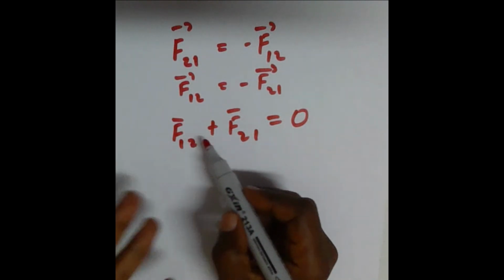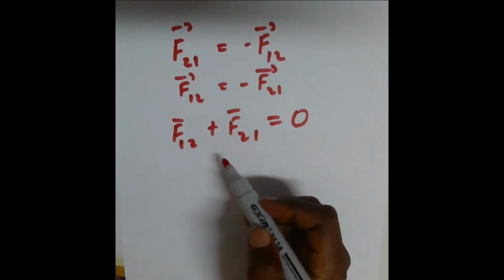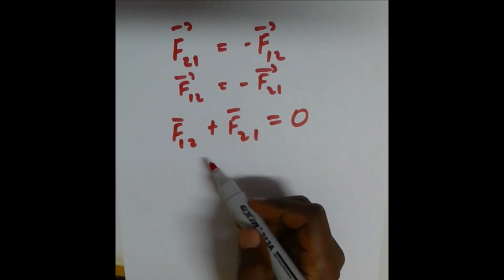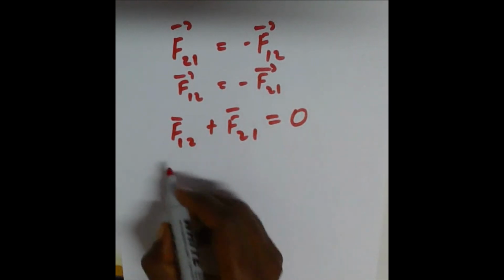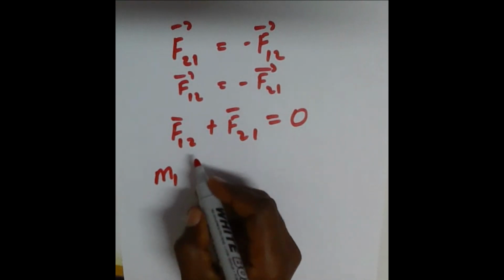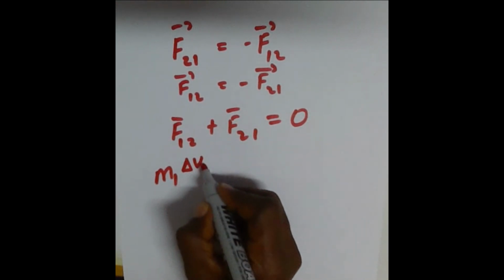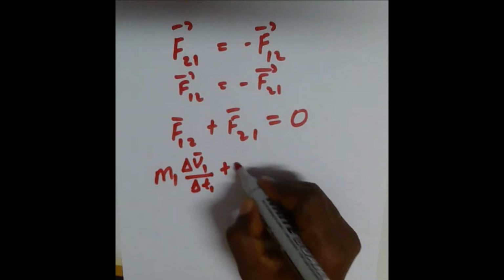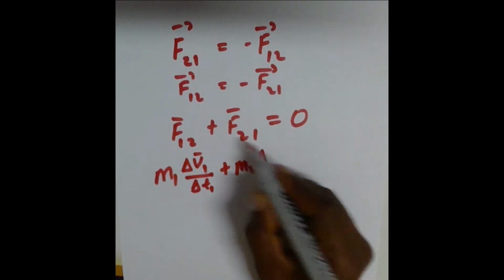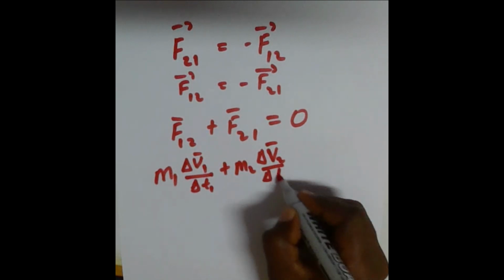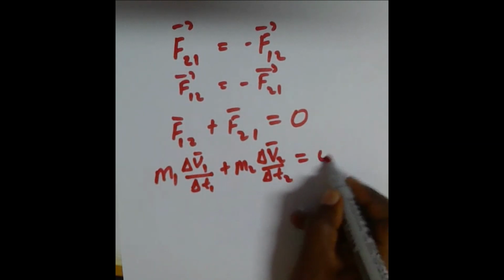Now we know that force is equal to mass times acceleration. Therefore, we start from F12, for which you have to use mass 1. So m1 change in v1 over change in t1, plus m2 change in v2 over change in t2, which is equal to 0.